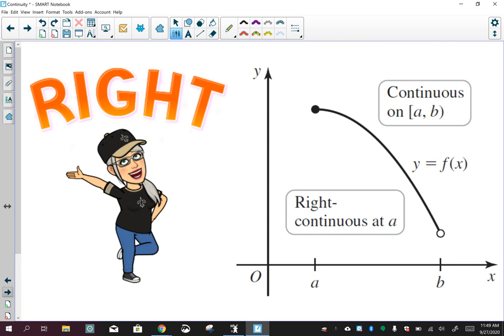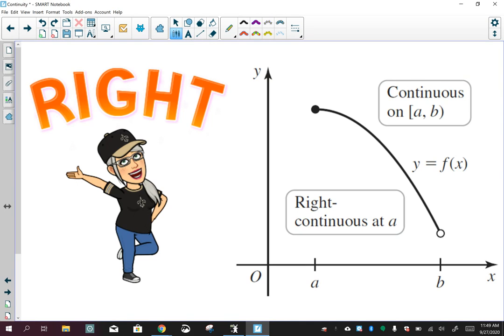So let's talk about pieces of functions. So we have left and right continuity. And so if I'm looking at this and I want to know, am I continuous over the whole entire thing? Well, the answer is no, I'm not continuous over the whole entire thing.